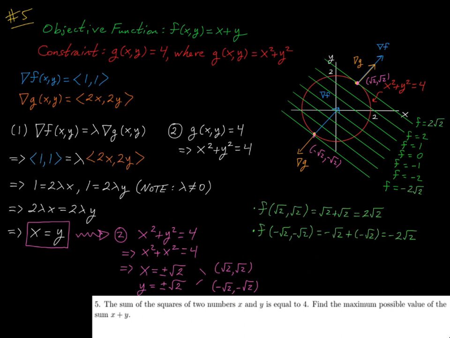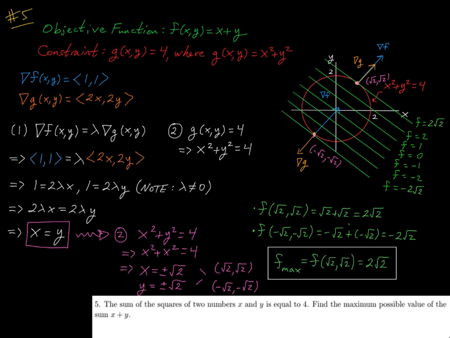Okay, so what does that tell us? Well, if I look at the values of the objective function at these 2 points, f of root 2, root 2 is just the x plus the y coordinate, so root 2 plus itself, that is 2 root 2. If I look at f at this other point, negative root 2, negative root 2, that would be negative 2 root 2.